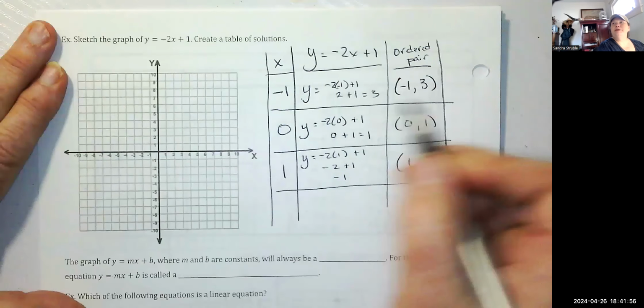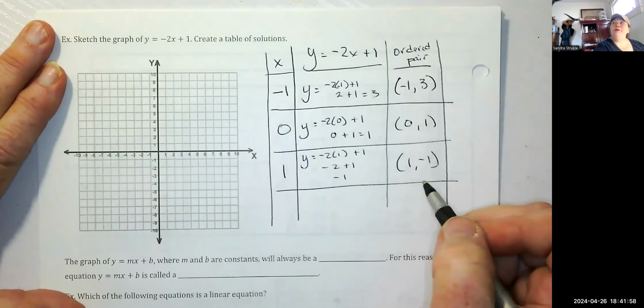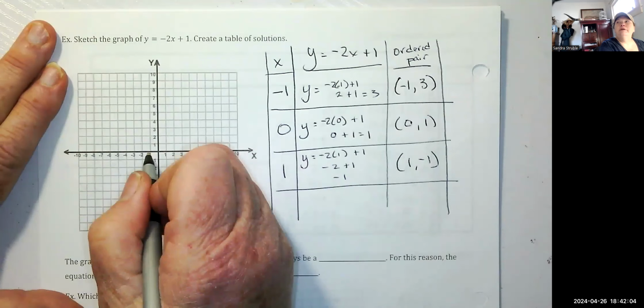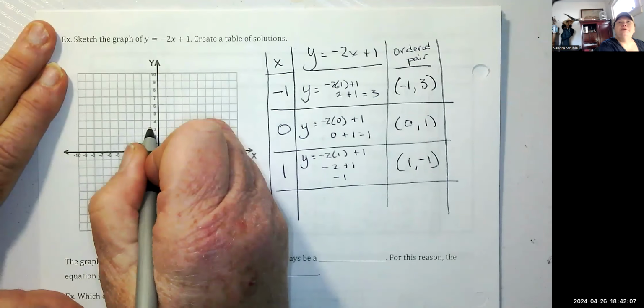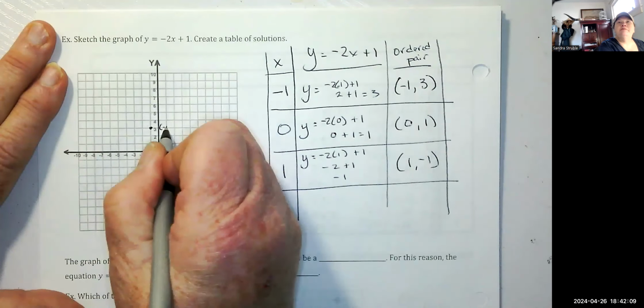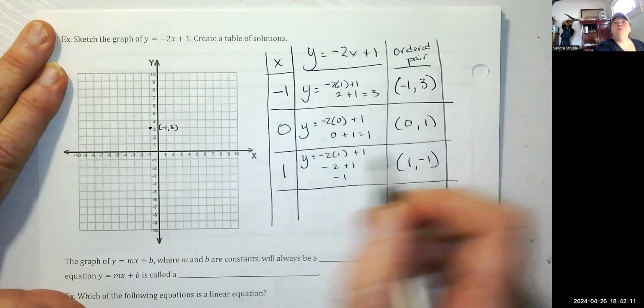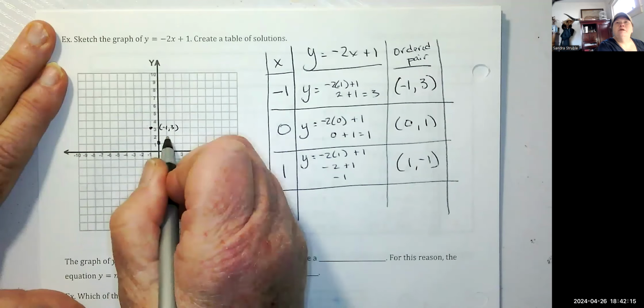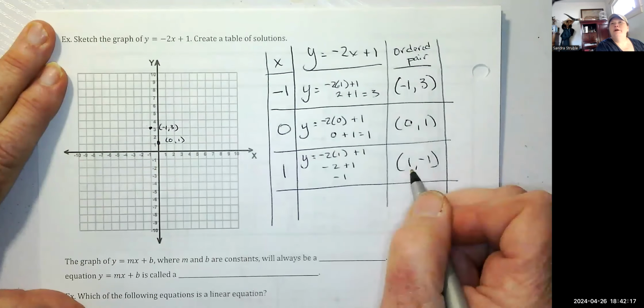All right, I'm going to plot these. Pause the video, you plot them first, and then come back to see if yours looks like mine. All right, negative 1, 3: negative 1, and then positive 3. So right there. The next one's 0, 1. 0, 1 is right here. 1, negative 1.